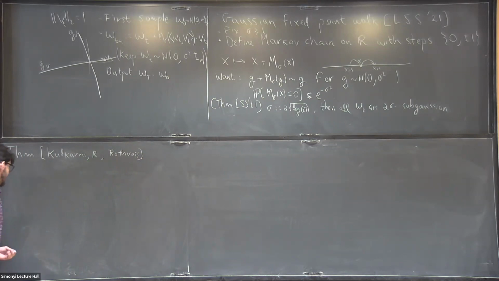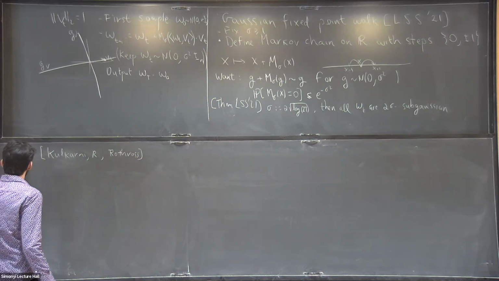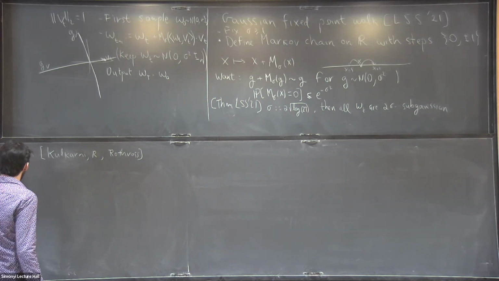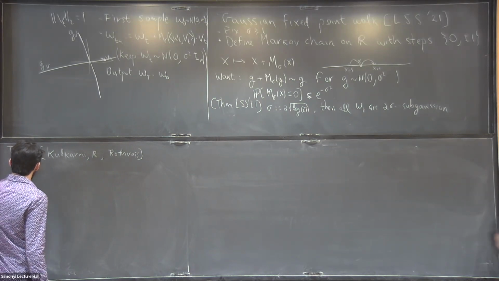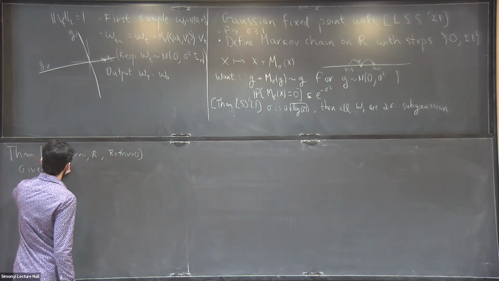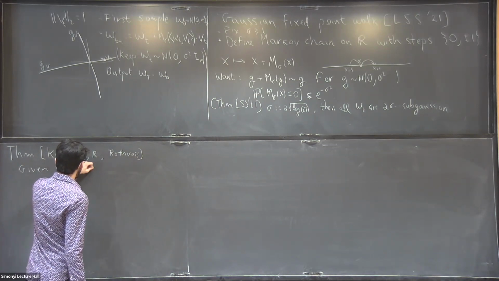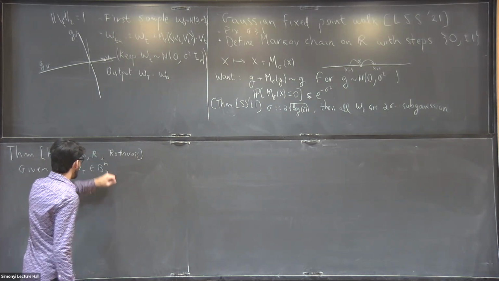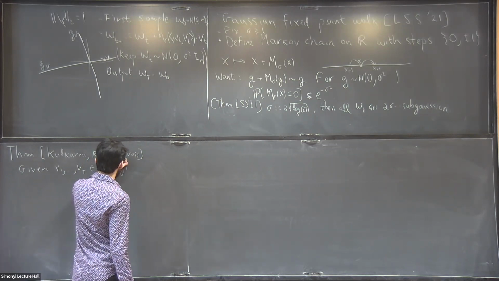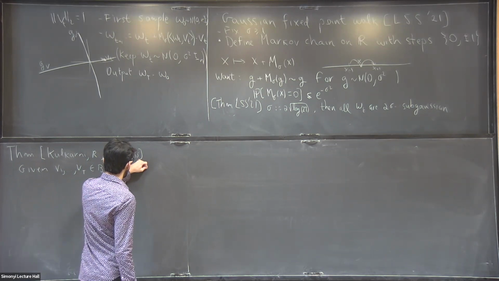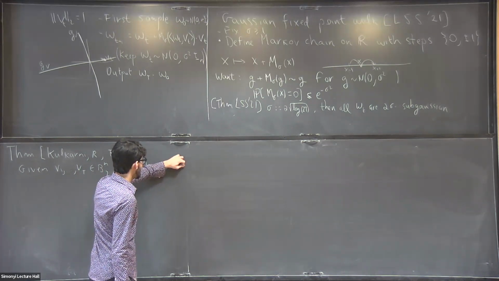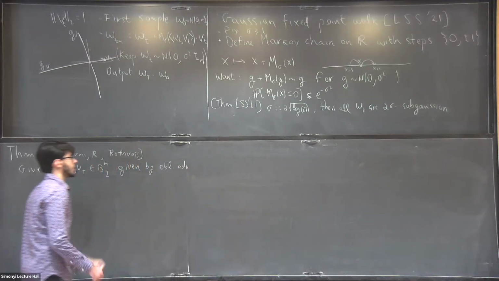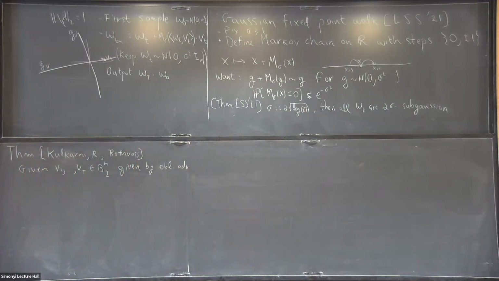So here the claim is that it's the same setting. I have some unit vectors given by an oblivious adversary. I'll just write OBL.